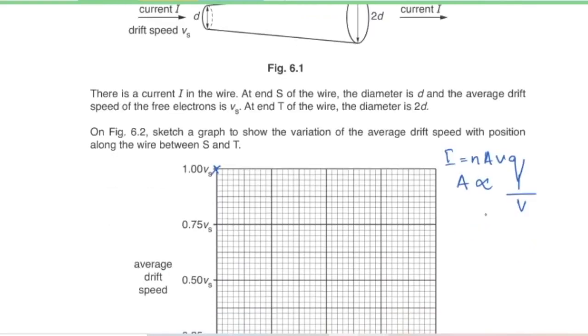At 1/4 movement from S means we have not covered half, but 1/4 of the distance between S and T. Diameter is going to increase from D to 5/4 D. So our new drift speed is going to be equal to 1 by the area, which is also proportional to radius squared. So our new drift speed is going to be equal to 0.64.